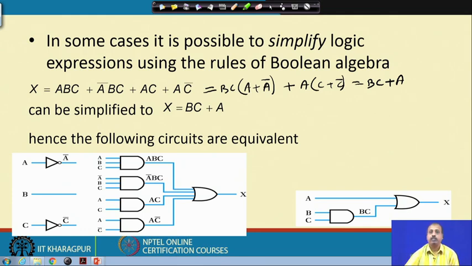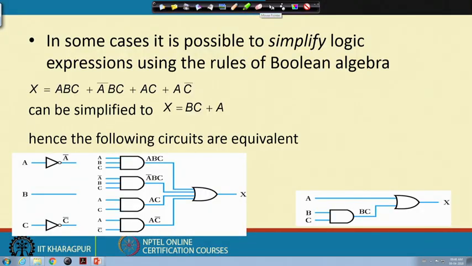That is one of the motivations for logic minimization: it requires fewer gates and fewer connections, the complexity of the circuit becomes less, and since the number of gates needed is less, the area and power requirement will go down for the resulting circuit.